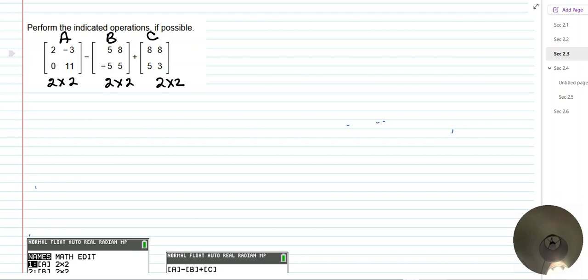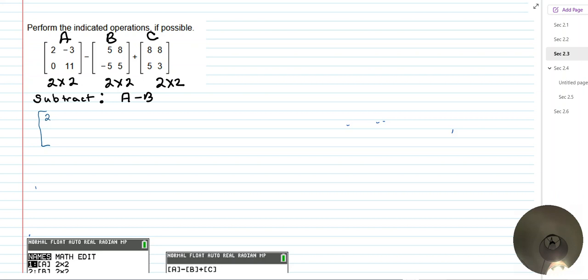All right, and we have action. Now we know from order of operations we have to go from left to right. So our first step would be to subtract. So we're going to do that one first. And here we go.